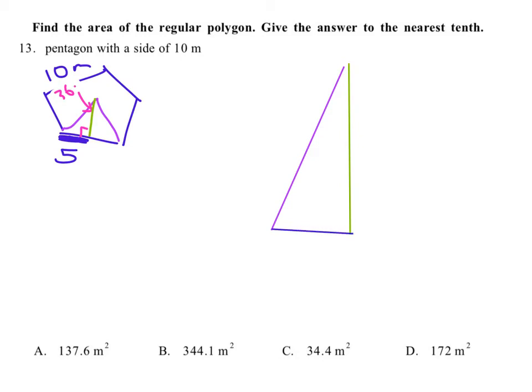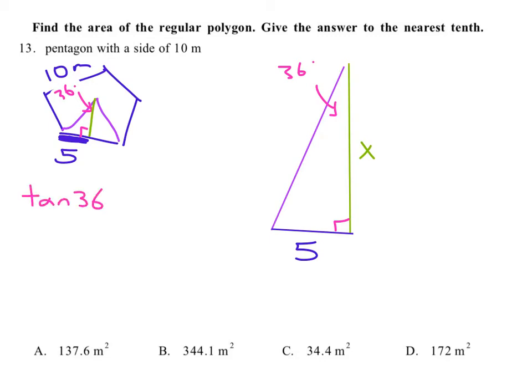Okay, and what do we know? We know that's 36 degrees. This is a side length of 5, and if we wanted to find the apothem, then we again would use trigonometry and particularly tangent.